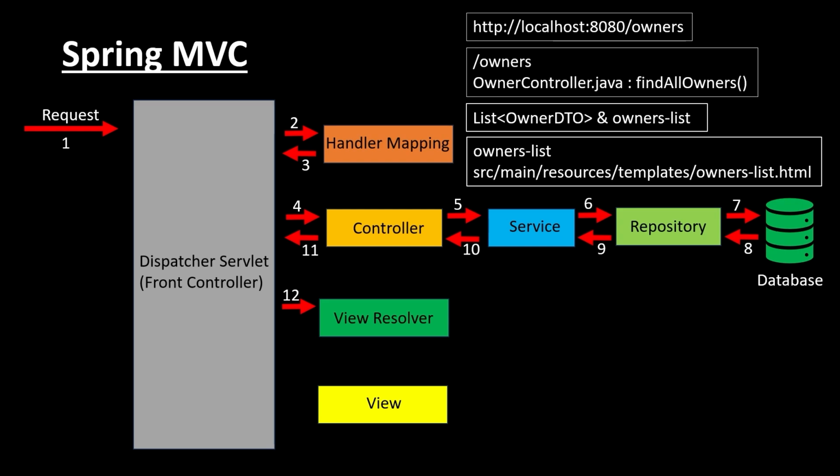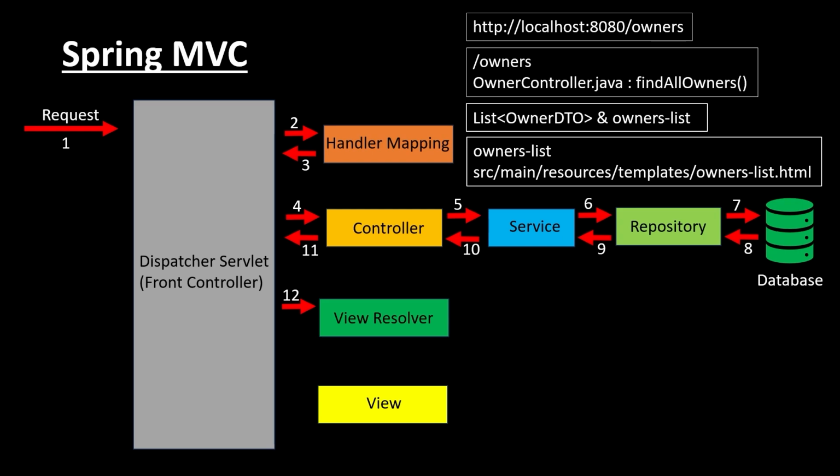So again you can say view resolver is doing the same job which handler mapping was doing. The only difference is handler mapping was mapping the APIs or the endpoints with the Java classes and methods, and view resolver is mapping the view name with the complete view location. So that's the only thing.